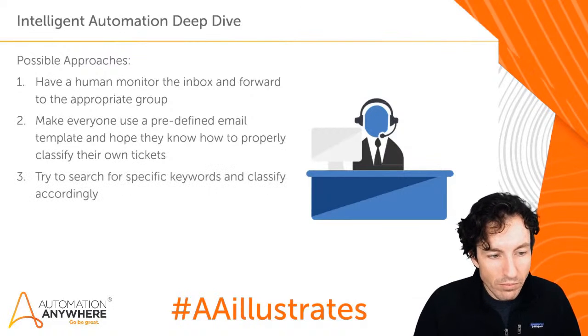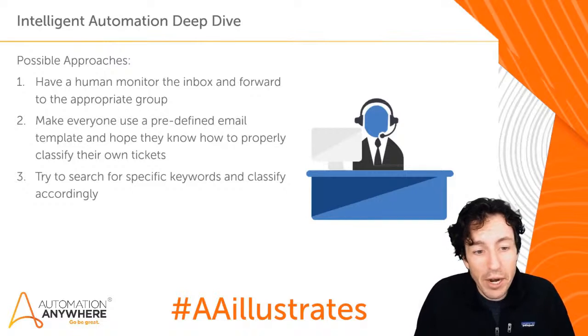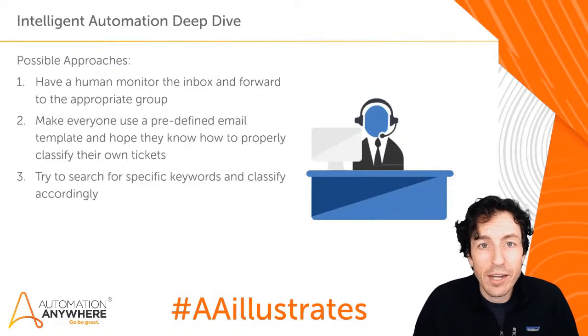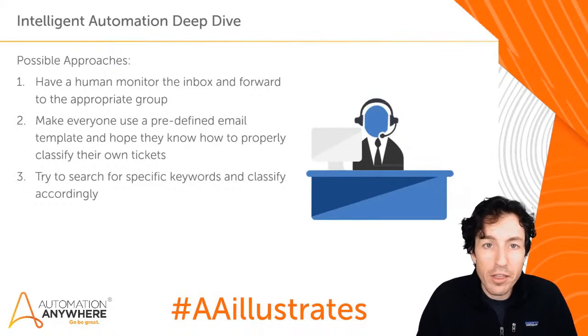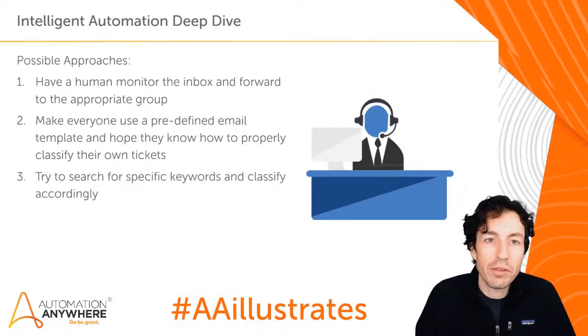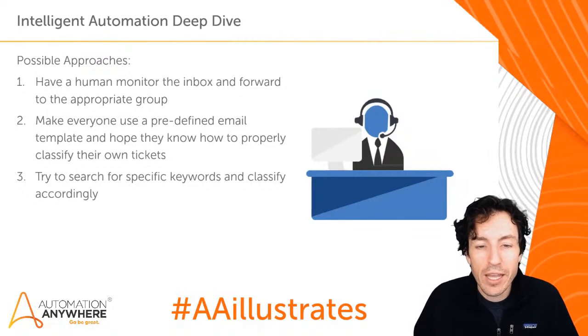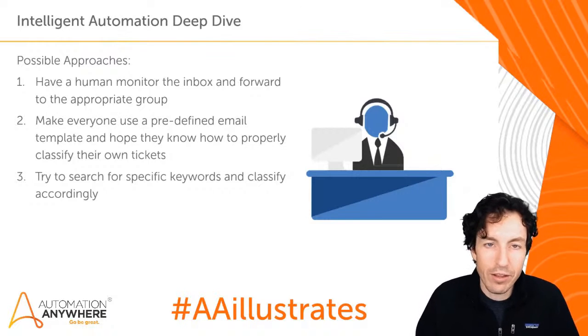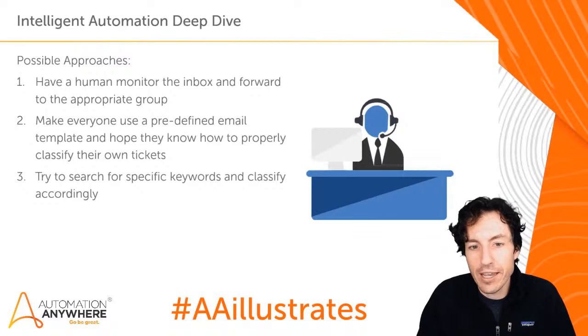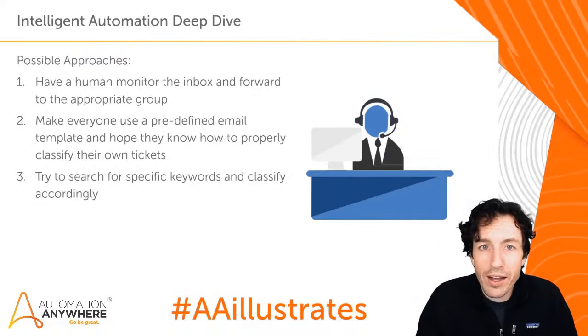The next idea, we could try to just search for specific keywords and classify accordingly, right? So if you said anything about monitor, we're going to assume that that's a desktop hardware problem. And if you said anything about printer, same thing. Or if you said Wi-Fi, we're going to classify that as a networking issue, right? That would maybe work.